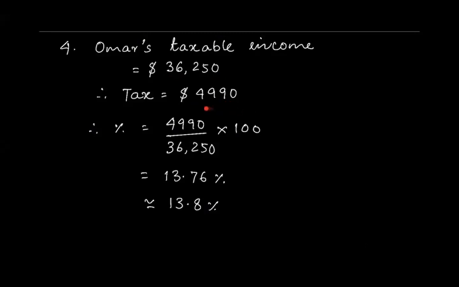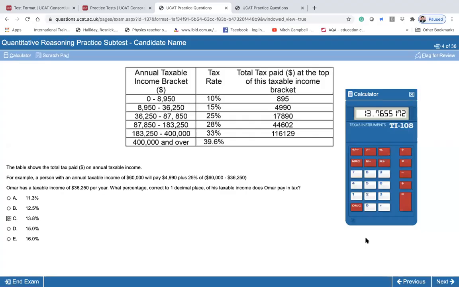So the percentage tax would be 4,990 divided by 36,250. And that would give you 13.76%, which is rounded to 13.8%. So the answer to that question would be part C. So option C is the right answer.